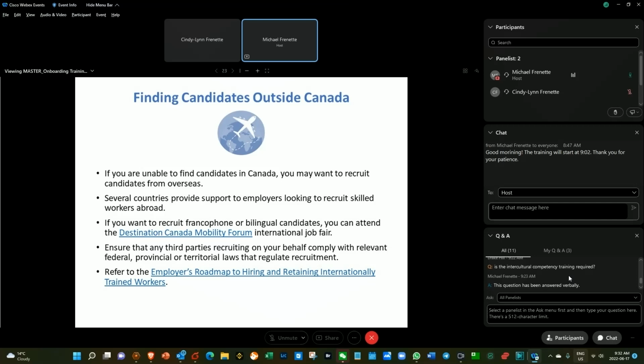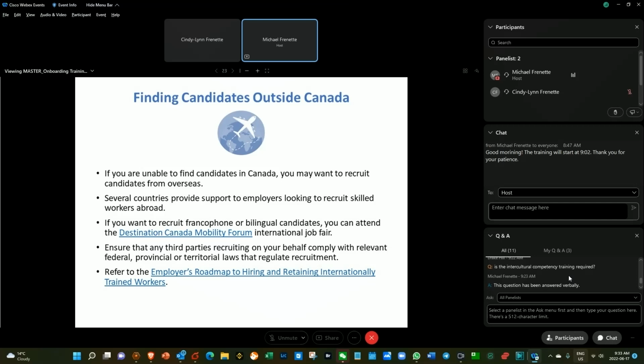The Canadian Embassy in Paris partners with public employment agencies to connect Canadian employers with qualified bilingual and francophone candidates as part of the Destination Canada Mobility Forum International Job Fair. So we post vacancies and pre-screen candidates on behalf of Canadian employers free of charge. For more information, visit the Destination Canada website or reach out directly to our embassy in Paris, who will be able to answer any question you may have.